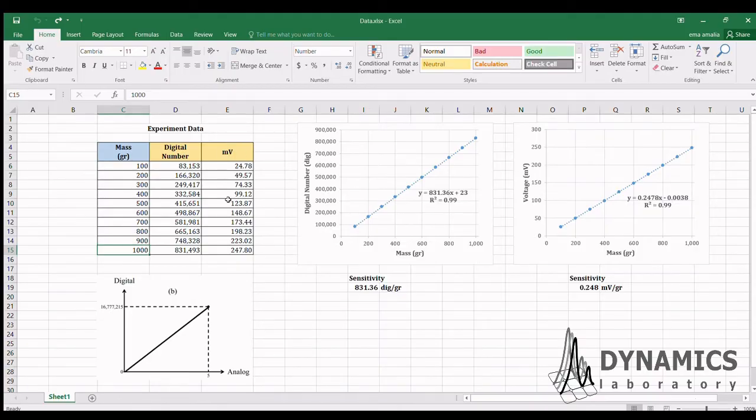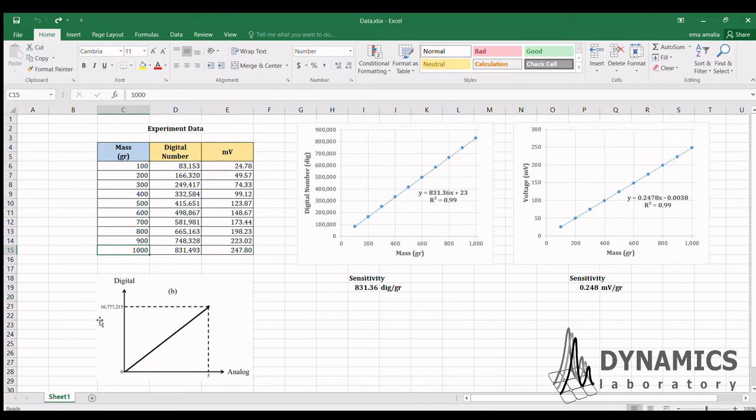Meanwhile, the third column is the voltage calculated based on full scale range of HX711 ADC. As you have already learned ADC theory in the class, if the maximum input voltage is 5 volt, then it will be quantized based on ADC bits.